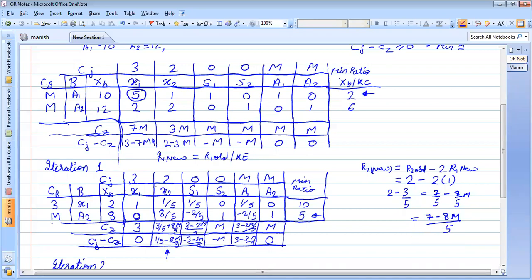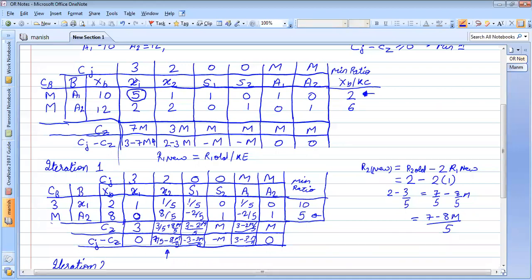So this value I have written somewhat wrong. This is 7 by 5 minus 8 by 5 M.